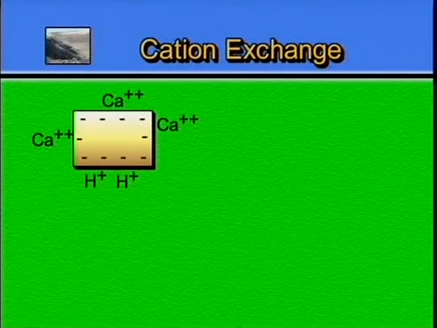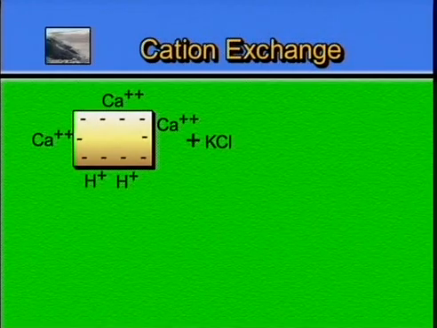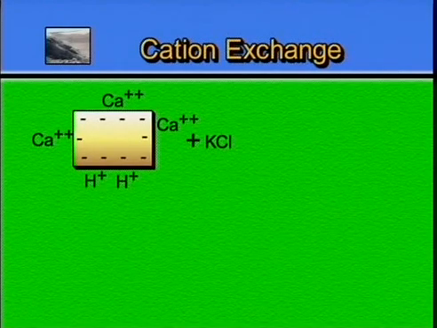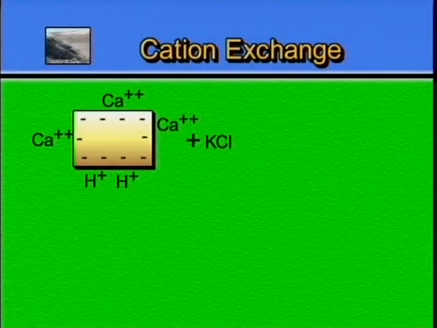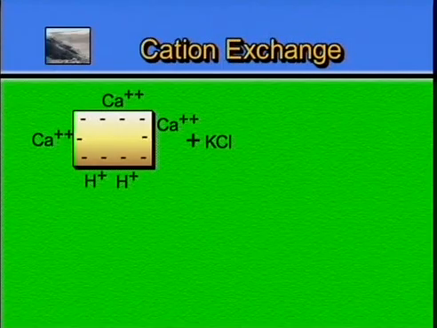If we were to come into this soil and add a fertilizer material, in this case potash or potassium chloride, this potassium chloride is going to break apart, dissociate, or go into solution and form potassium cations and chloride anions. What I have essentially done is to not change the concentration of calcium or hydrogen in the soil solution, but their relative concentration has now been changed because I have increased the concentration of potassium cations in solution.